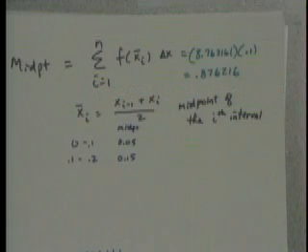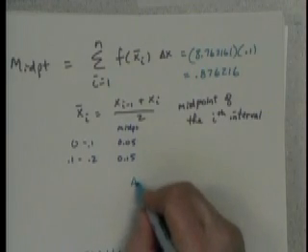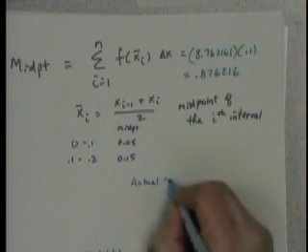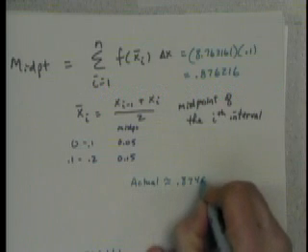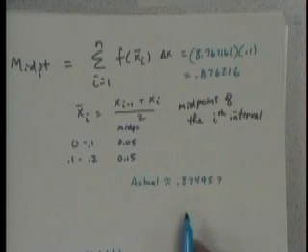Again, you may remember or may not remember what I said the exact value was. To 6 decimal places, it was supposed to be 0.874957.